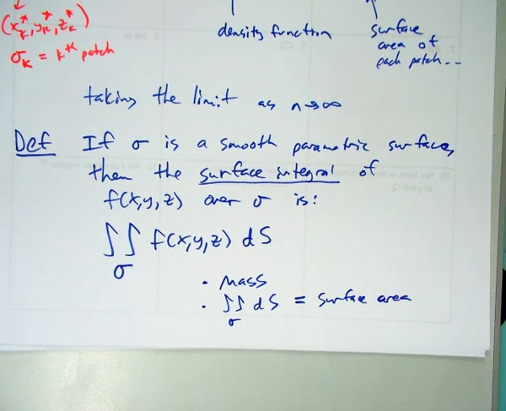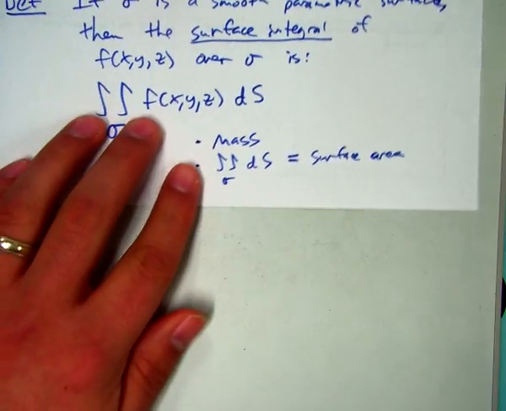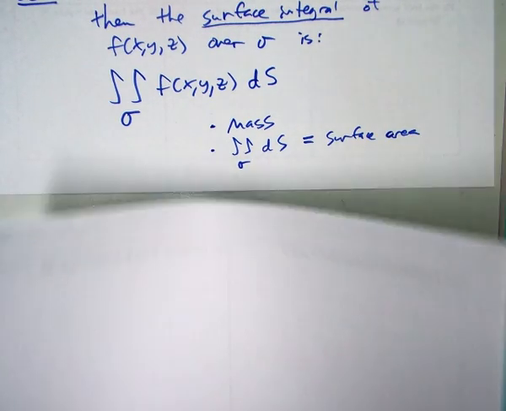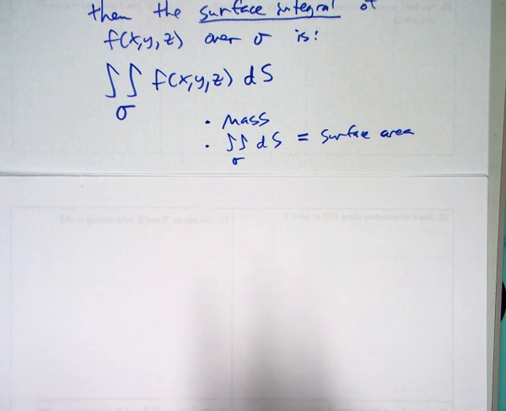If the density function's constant, it's just like what we did earlier, right? Instead of having the length of a thin little wire, now this is going to represent the area of that thin little plate. Okay? All right. So obviously the question is going to be, how do we evaluate these? Okay, right now, this is pretty much what you need to know they represent. In the next section, in 15.6, we'll have a tie back into what we've been working on with vector fields, and we'll see where these come in.